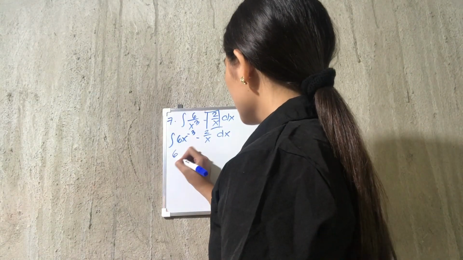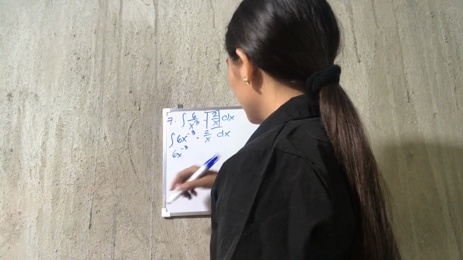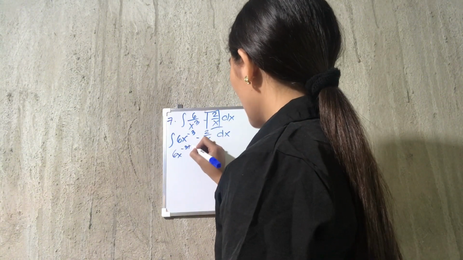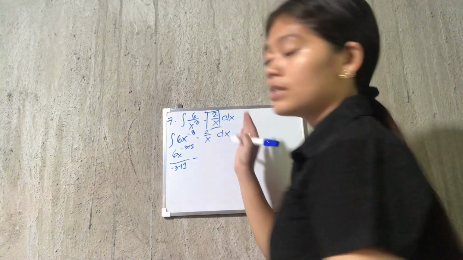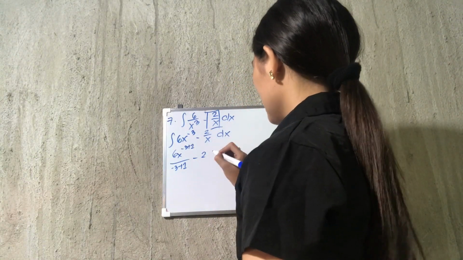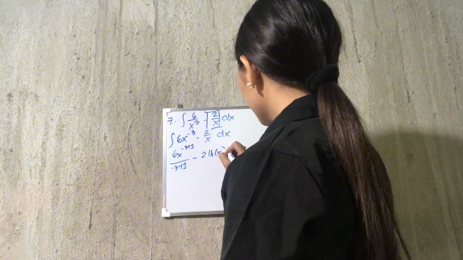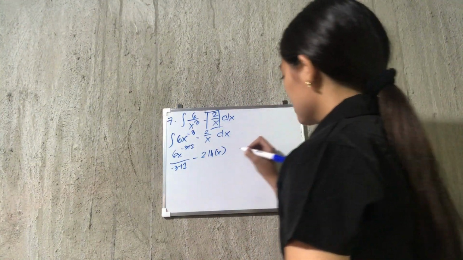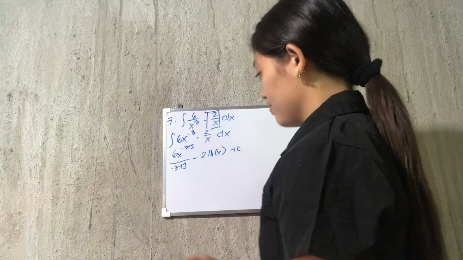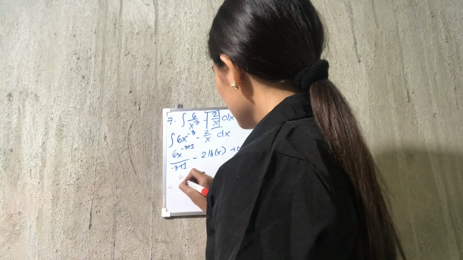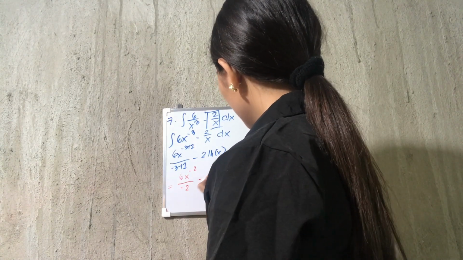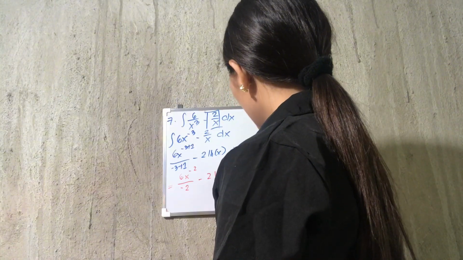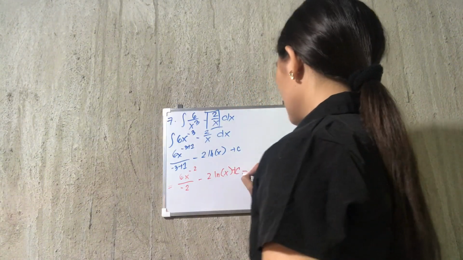So now let's integrate this example. We have 6x raised to negative 3, then add 1, then copy this one, minus the 2x, which becomes 2 ln x plus c. So simplify: 6x to the negative 2 over negative 2 minus 2 ln x plus c.